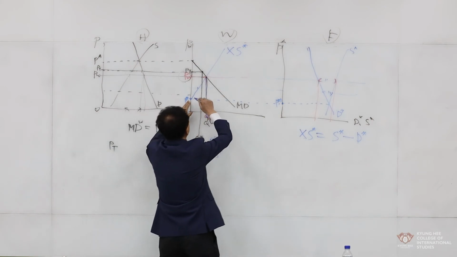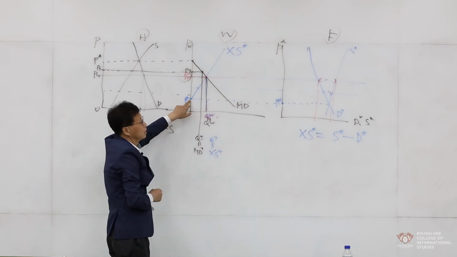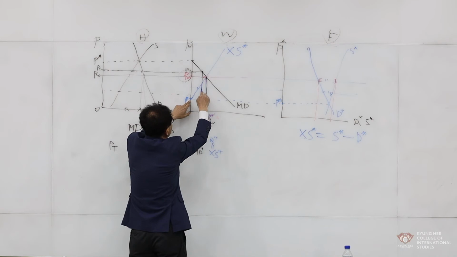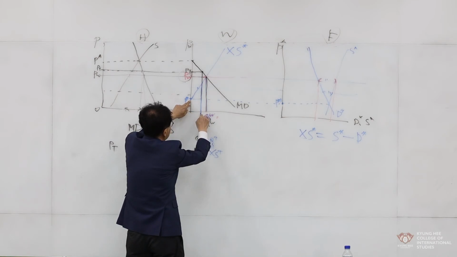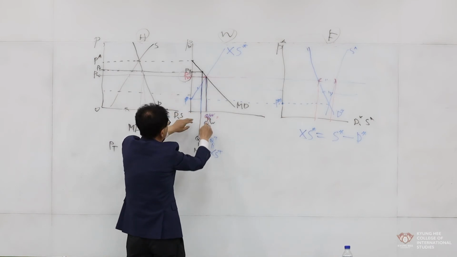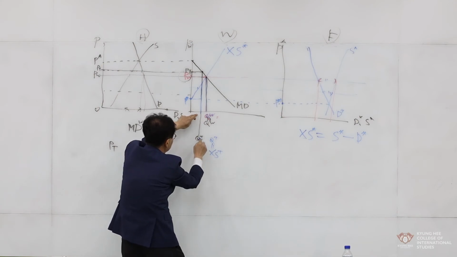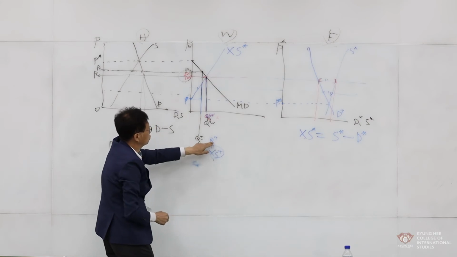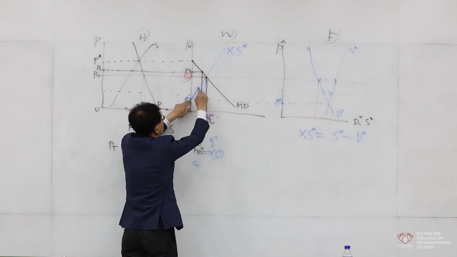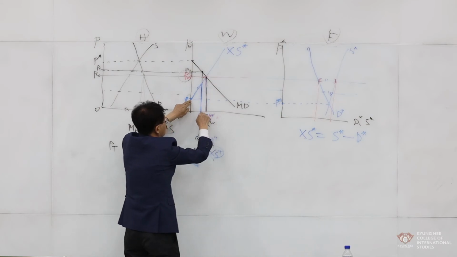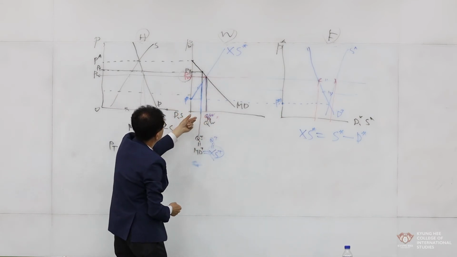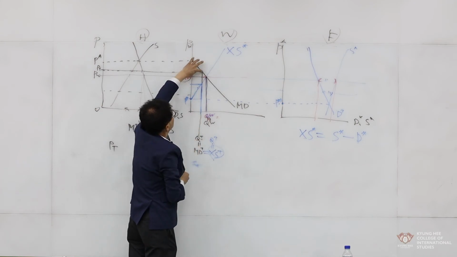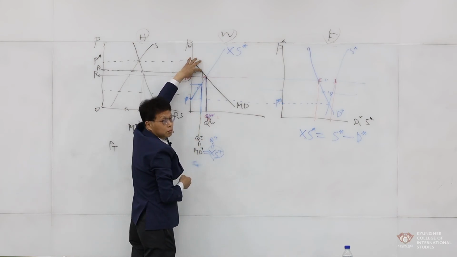Right? Now think about the export supply curve, this blue line. Right? And export supply should be equal to this one, equal to QT. Export supply, this one should be equal to QT. Right? So this one is the export supply curve, and this one is import demand. Then export supply is equal to import demand by home.